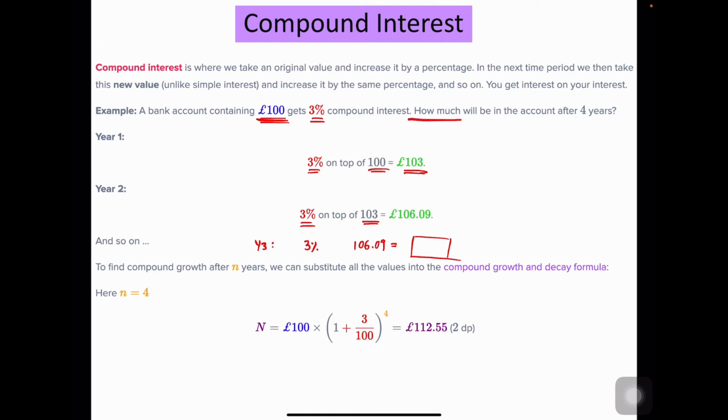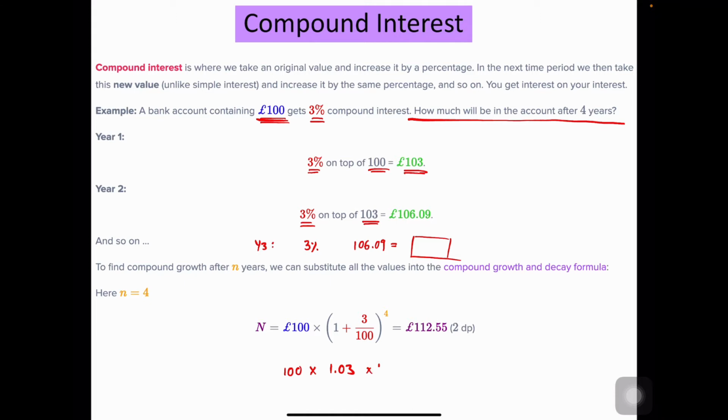To answer this question, how much will be in the account after 4 years? Well, for compound interest, you'd have to do the initial amount multiplied by 1.03. This would give you the amount after 1 year.